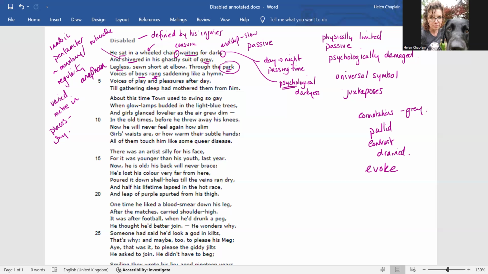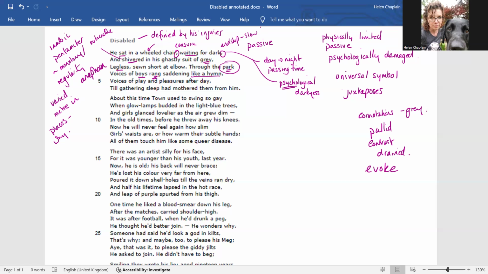It shouldn't be that a hymn is saddening. A hymn should be celebratory. So his worldview appears to have changed with that simile. It's something that shouldn't be sad, and yet it is. So the simile challenges your idea of faith.